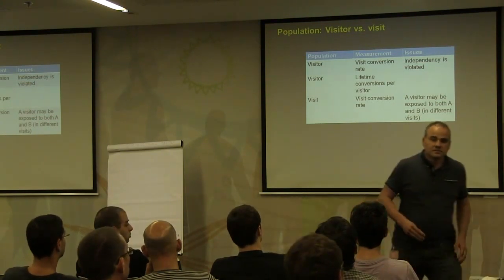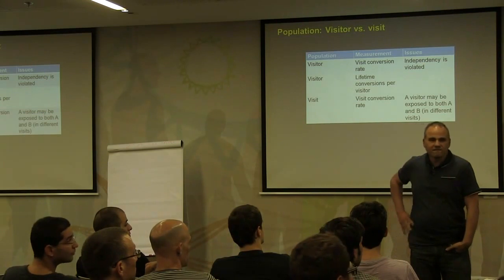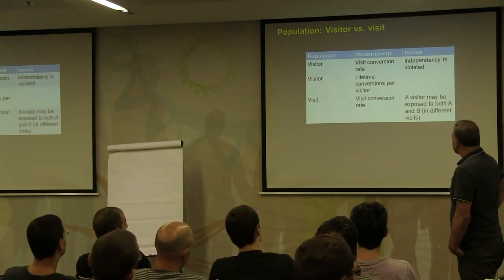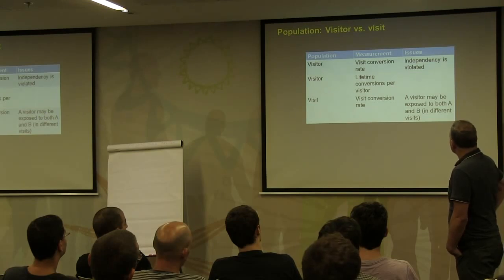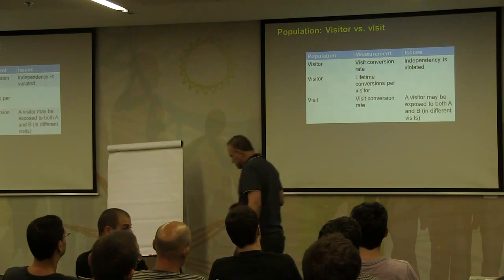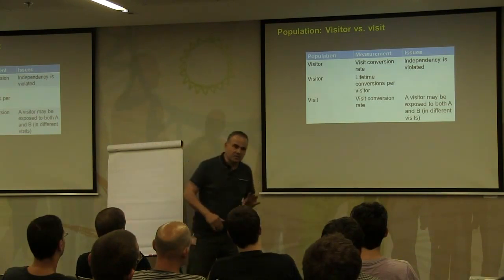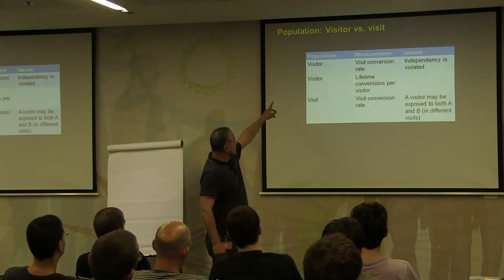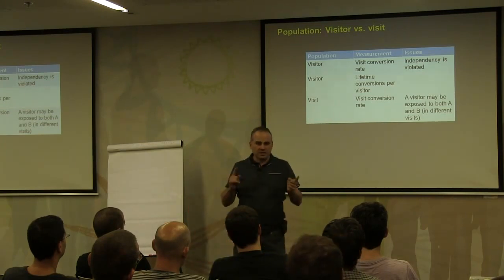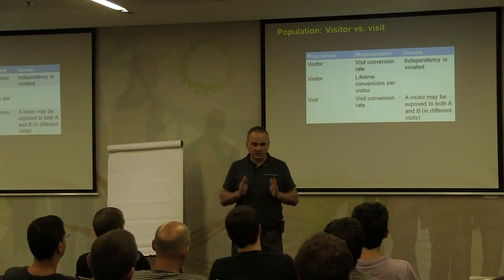Yes. De facto, I don't really understand the difference between the first line and the third line. I mean, the URI I understand, but de facto, practically it's the same. Okay, I'll explain. In the first line, we are allocating A or B on the visitor level.